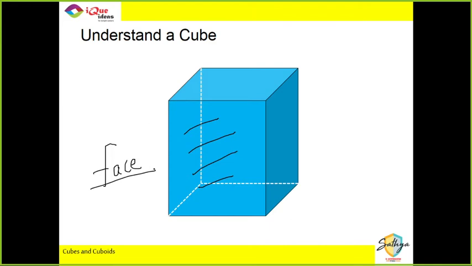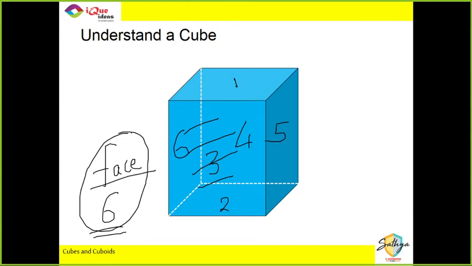We have a top, a bottom, a front, a back, and two sides. So there are a total of 6 faces when it comes to a cube. Each face in a cube is a square. If it's a cuboid, then the shape of each face is a rectangle.